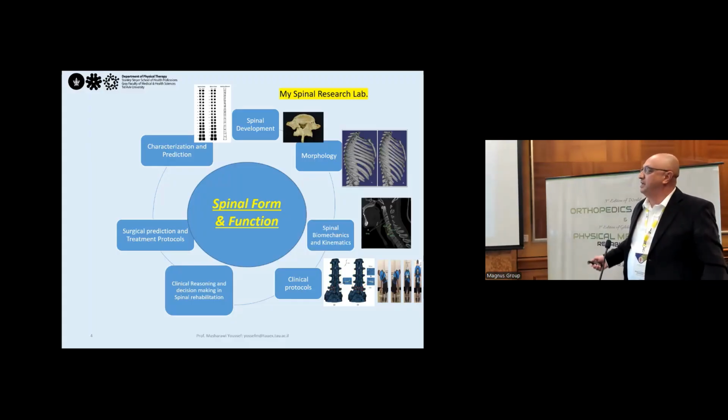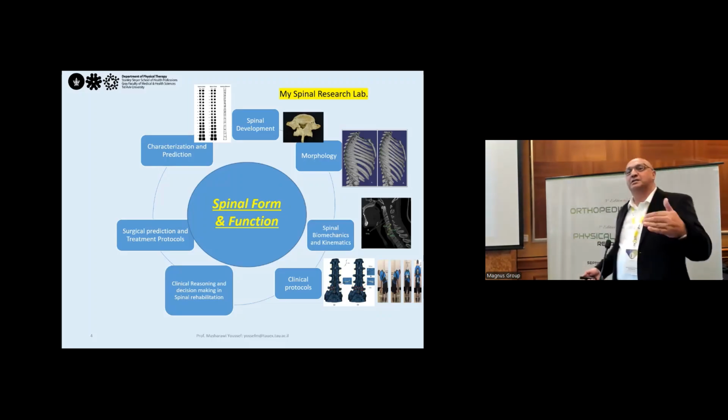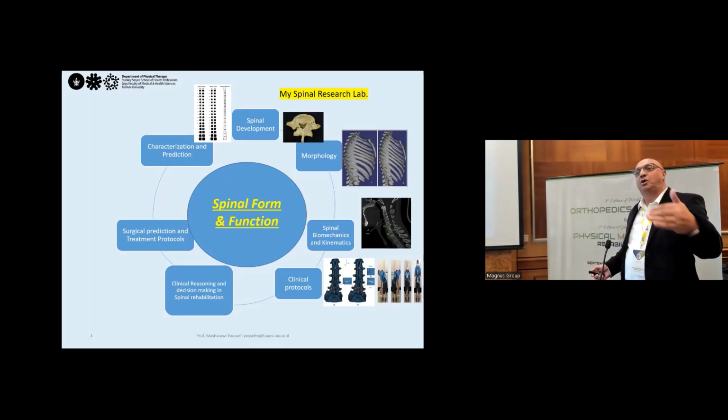And we managed to build this form, and then ask the biomechanical question: how will it act if we take off the ligaments, if there is a fracture, if there is spondylolysis, etc.? These are amazing biomechanical forces and kinematics that you can understand by understanding the form.